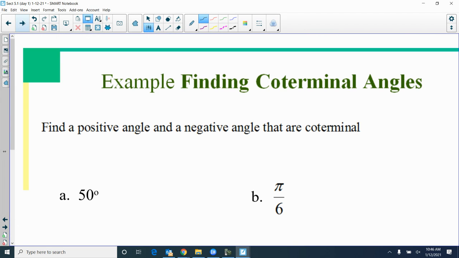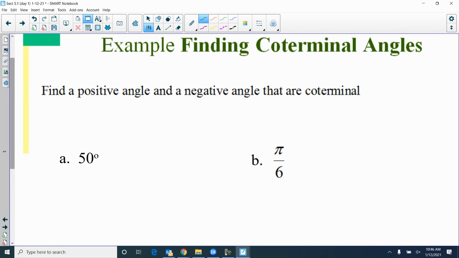All right, I said we'd come back to coterminal angles. I'm a man of my word. Find a positive angle and a negative angle that are coterminal with the following. So A is 50 degrees. Well, what does that mean? Add 360, subtract 360.